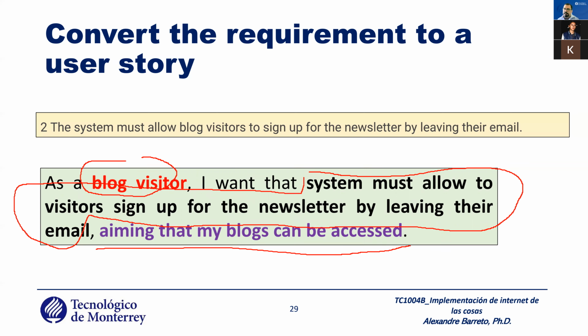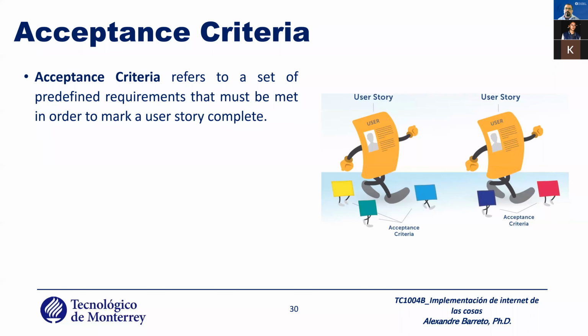But how to describe the constraint? Because when you describe the feature, another thing that you need to describe is how you validate this feature. In other words, it's a constraint. To describe the constraint, you use the acceptance criteria.